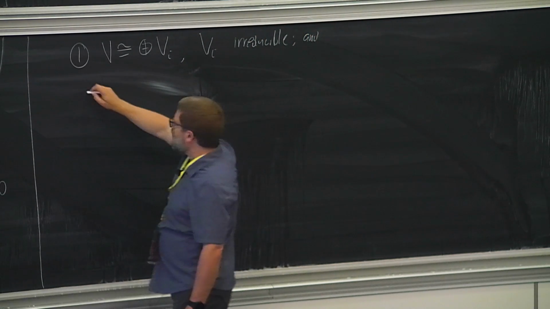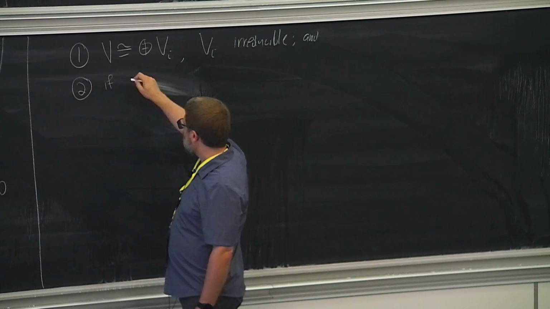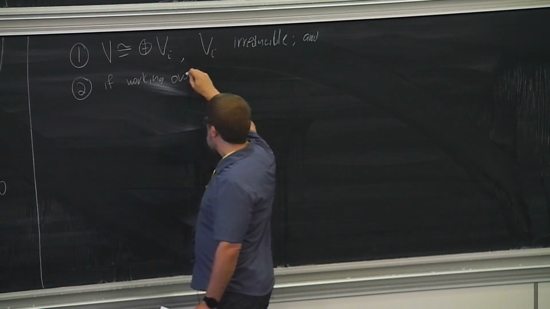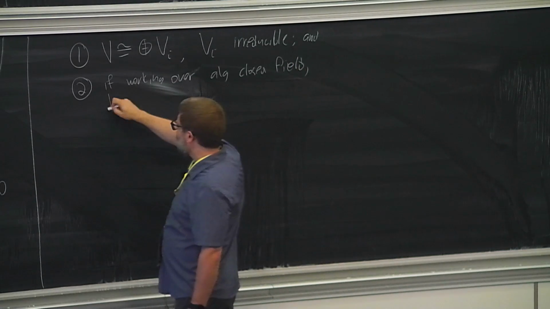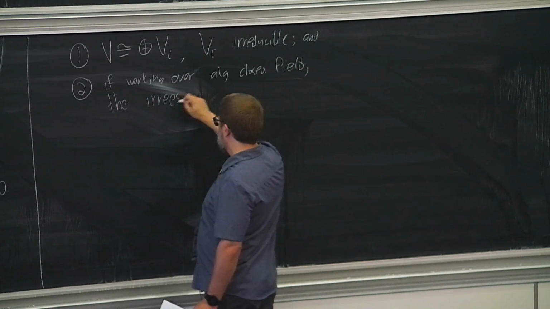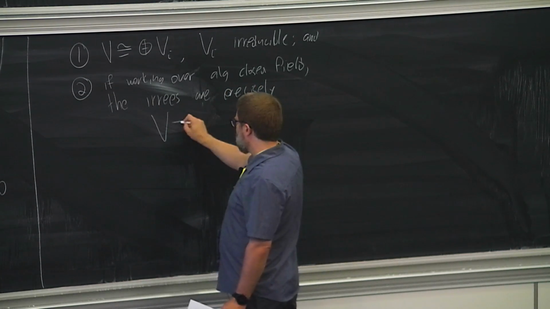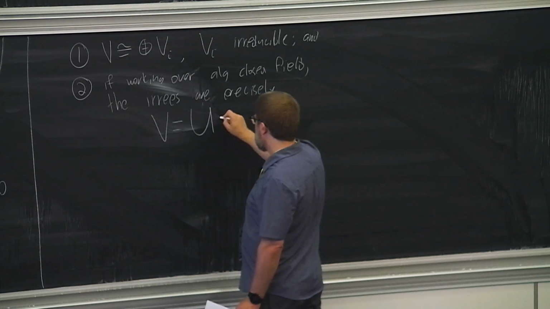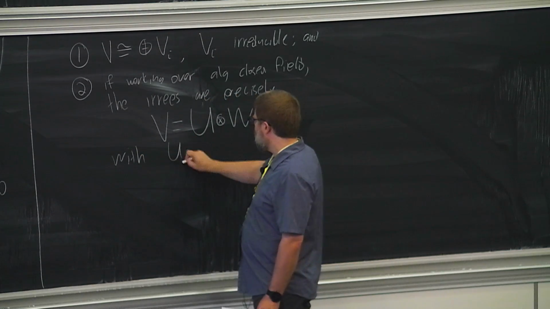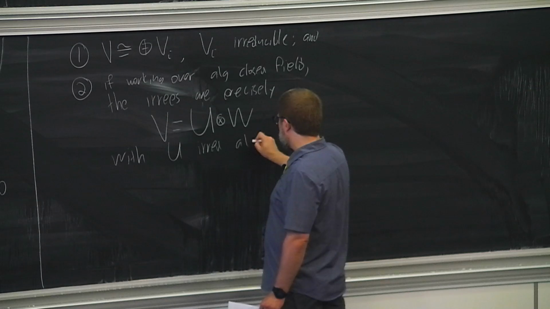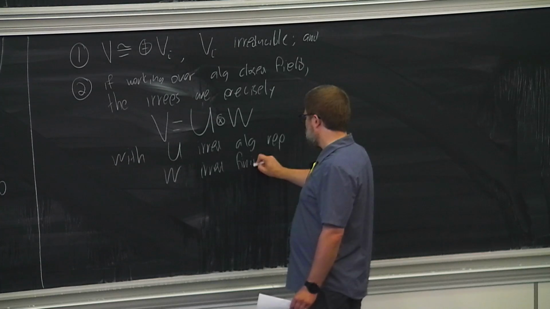And what's more, we can describe the irreducibles. If we're working over an algebraically closed field, the irreps are precisely those of the form V equals U tensor W, with U an irreducible algebraic representation, and W an irreducible finite order representation.